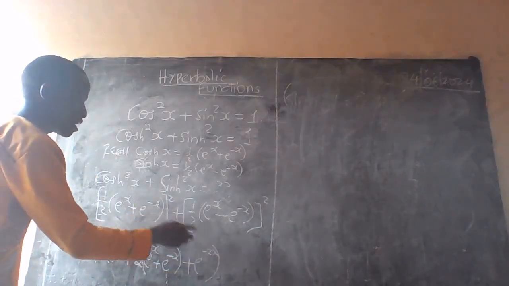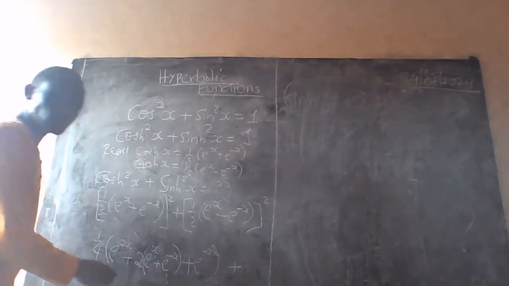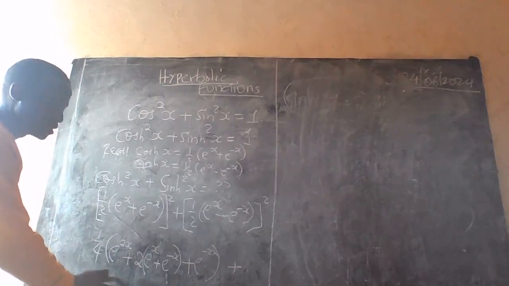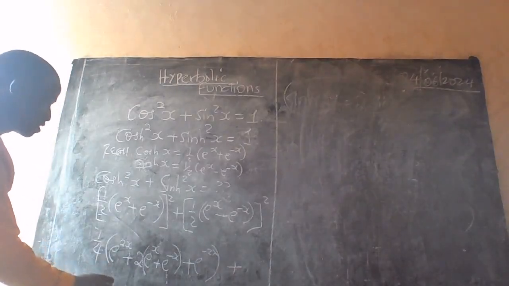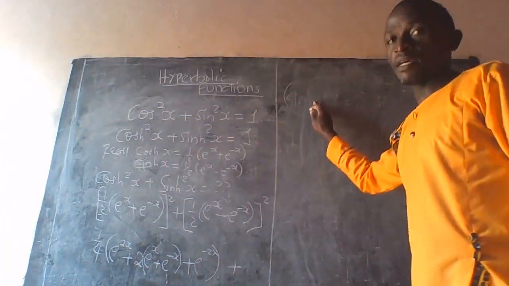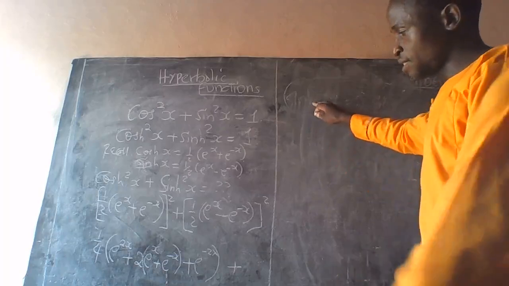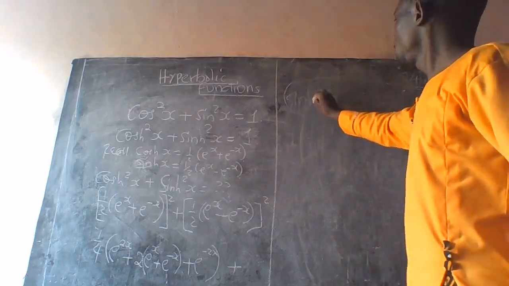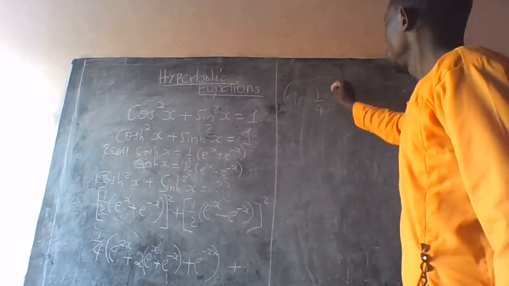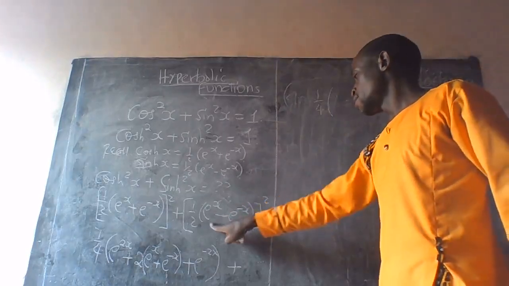So we go to this other part. Plus, we go to this other part, which is going to give us, let me write up here, because I can see you might have challenges seeing that. So that's going to be a quarter again. You square this part, you're going to get a quarter, and then you square this bit inside here.